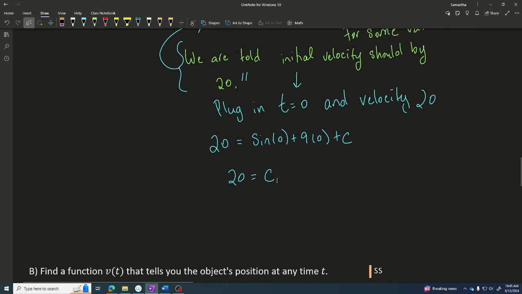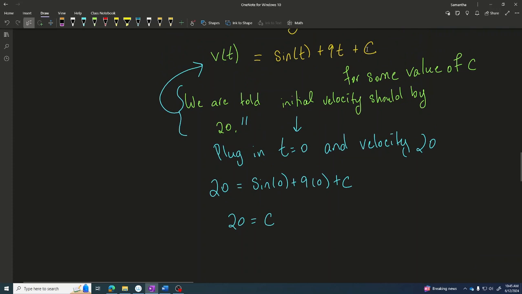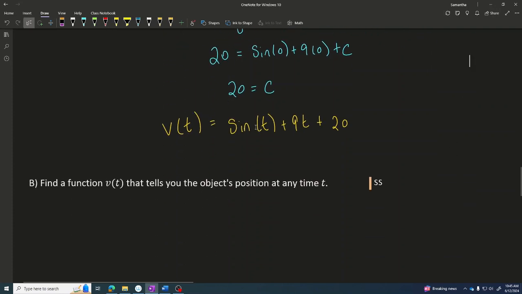And putting that c value back into position here at the end of the formula, now I have the knowledge that the velocity at any given time for this object is sine of t plus 9 times t plus 20. This function will tell you the velocity of your object in meters per second at any given time.